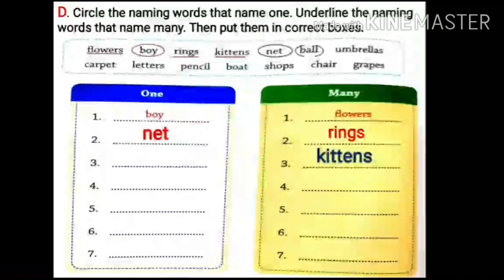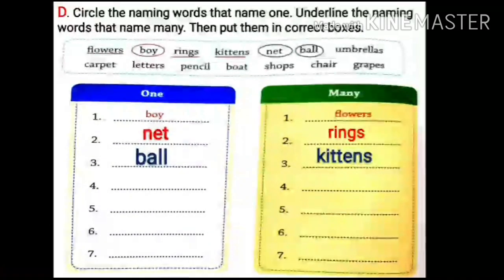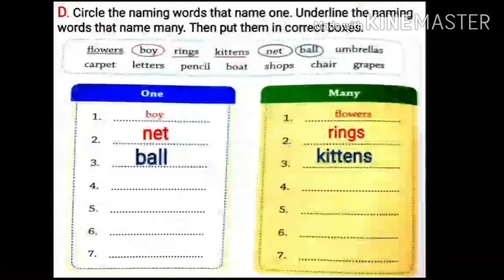Next is ball. B-A-L-L, ball. So circle ball. There is one ball. So you will write it down under 1. The next word is umbrellas. Now umbrellas means many umbrellas, right?